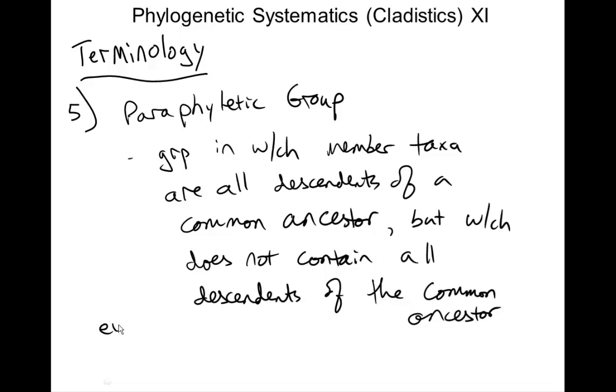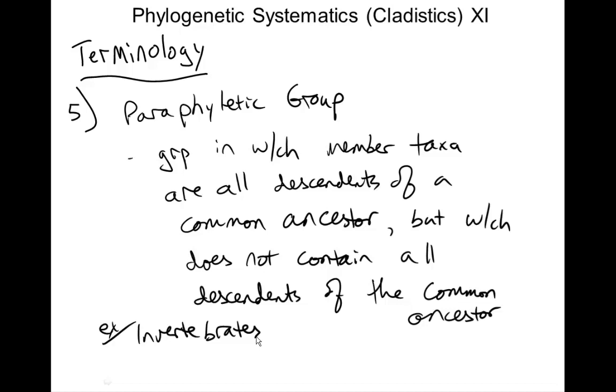One good example is invertebrates. Invertebrates are a group related by their modification from a common ancestor, but by designating the invertebrates, you exclude the vertebrates, which share a common ancestor with the invertebrates. And so by excluding those vertebrates, you create a paraphyletic group.